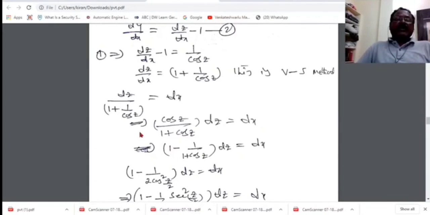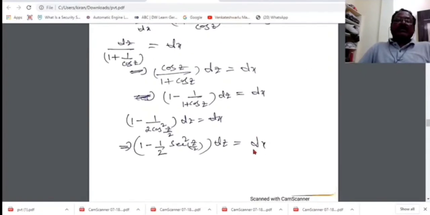That implies, after simplification doing the LCM, cos z by (1 plus cos z) dz is equal to dx. After simplification, that implies (1 minus 1 by (1 plus cos z)) dz is equal to dx.